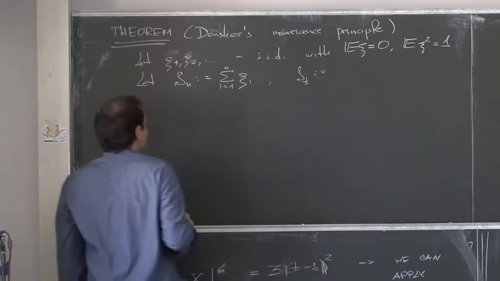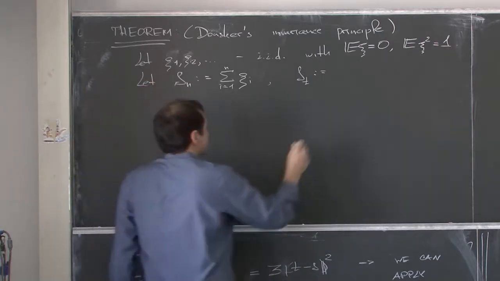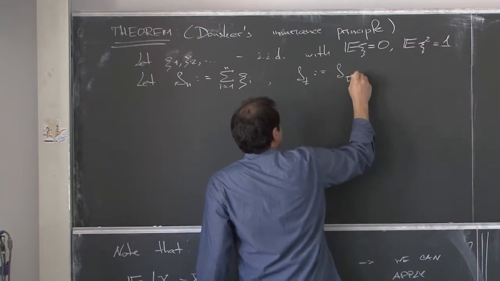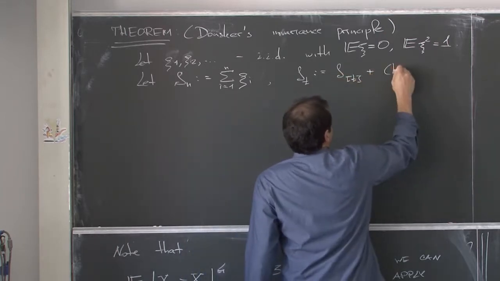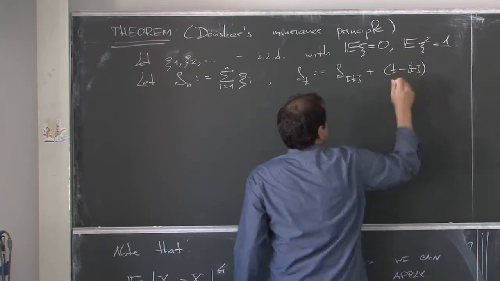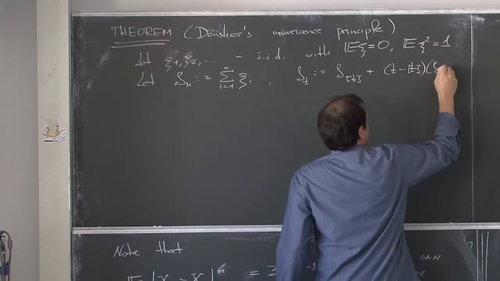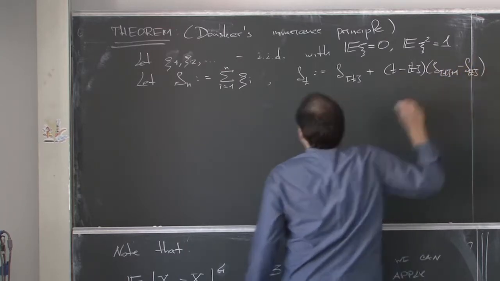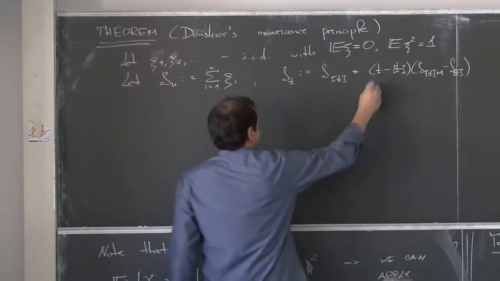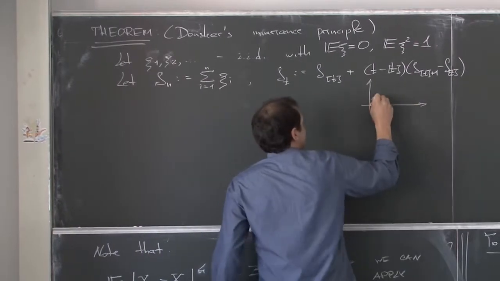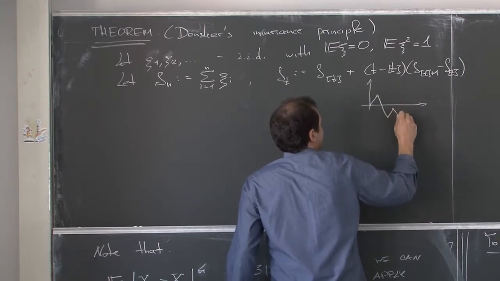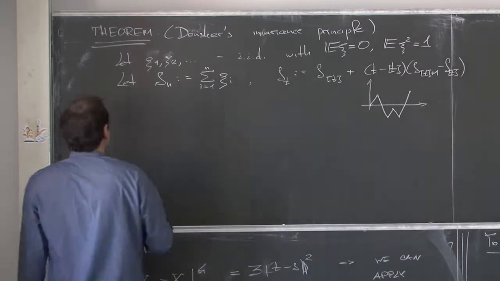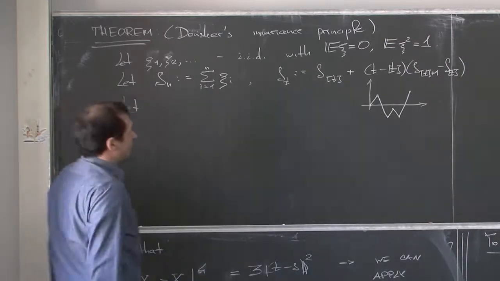Let S_t be the linear interpolation of these S_n's, so S_t equals S_{⌊t⌋} plus (t minus the integer part of t) times (S_{⌊t⌋+1} minus S_{⌊t⌋}). Hopefully this is correct, but again the picture is much clearer. You just take the linear interpolation of your trajectory, and now let us rescale it.